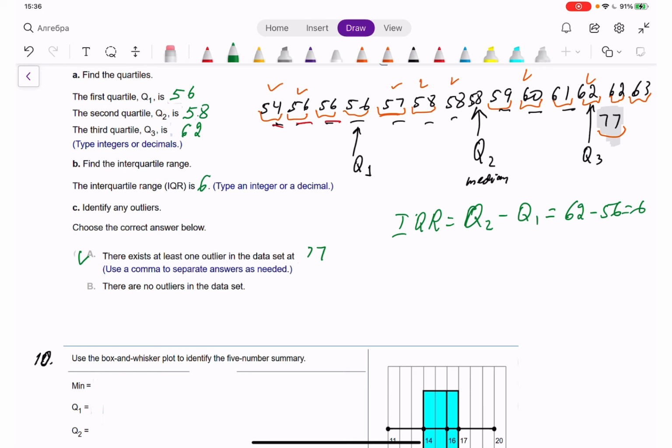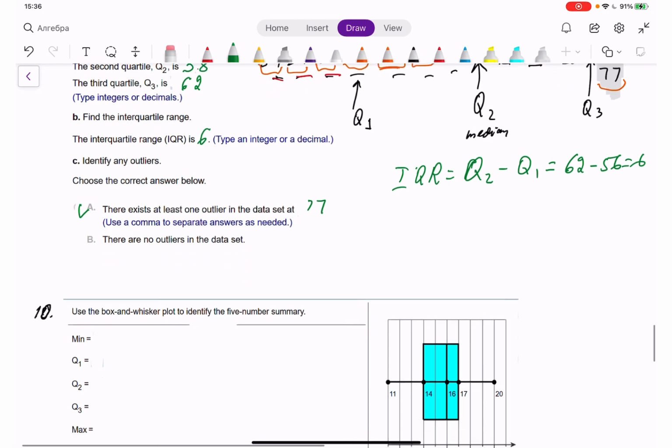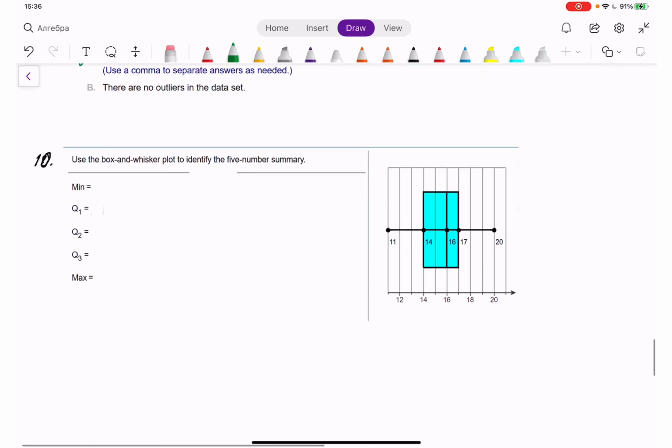All right. And the last question, we are going to use a box-and-whisker plot. First of all, we need to find the minimum. Our minimum is right here on the plot, writing down 11. Our maximum is right here, 20.